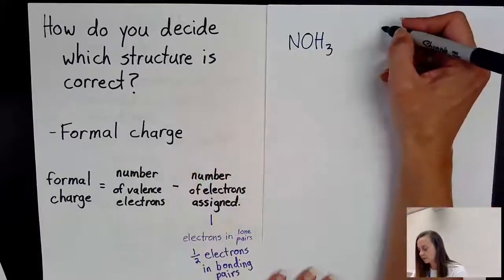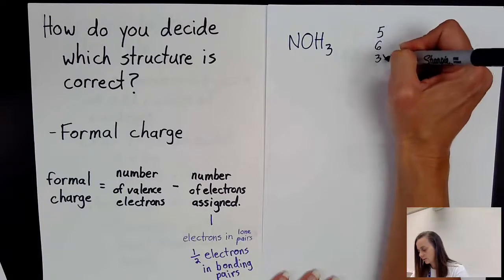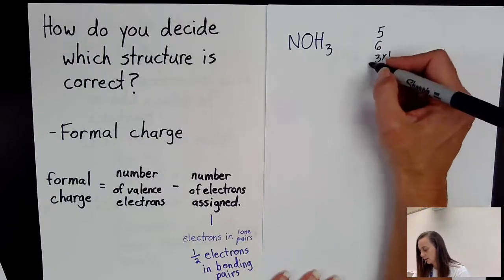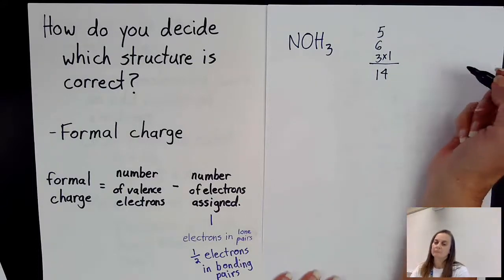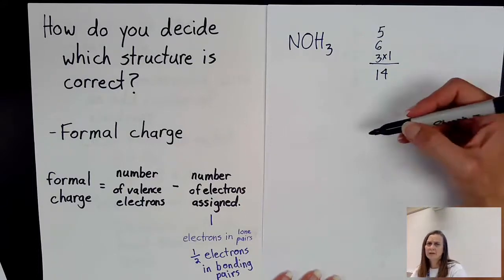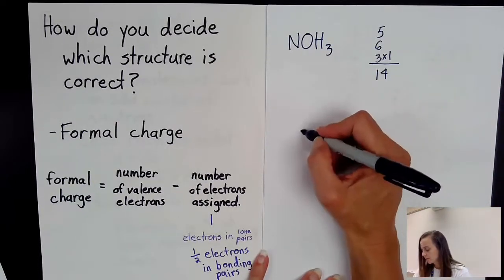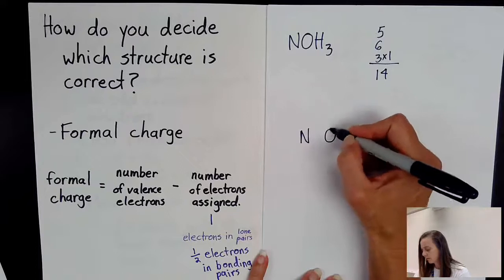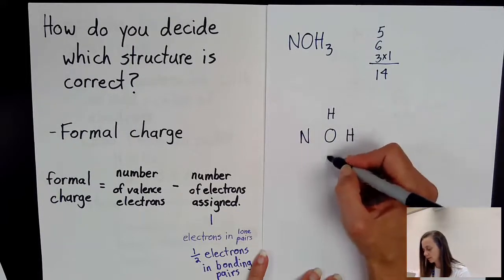So I'm going to start out NO, and let's try putting those 3 hydrogens around the oxygen. And if we do that, then we make 1, 2, 3, 4 bonds. So I've used up 8 electrons, and I have 6 remaining. And that's a valid Lewis diagram.